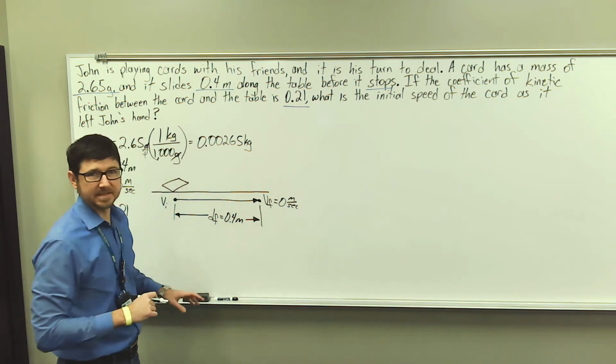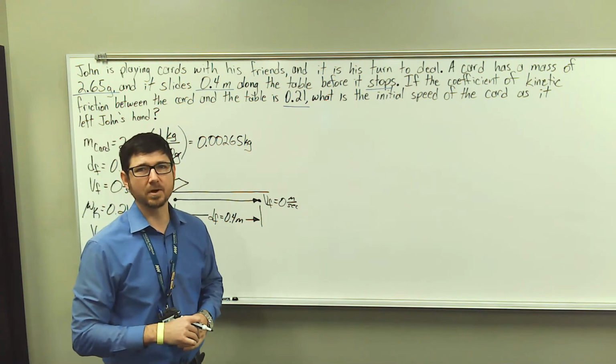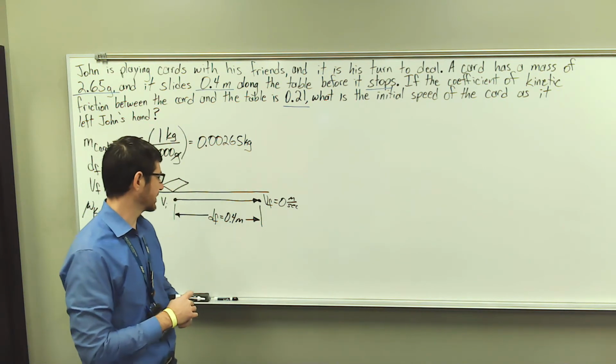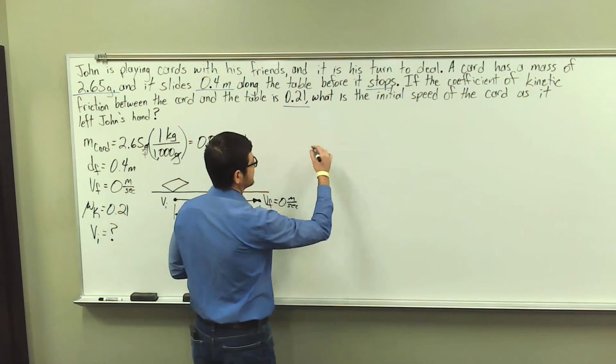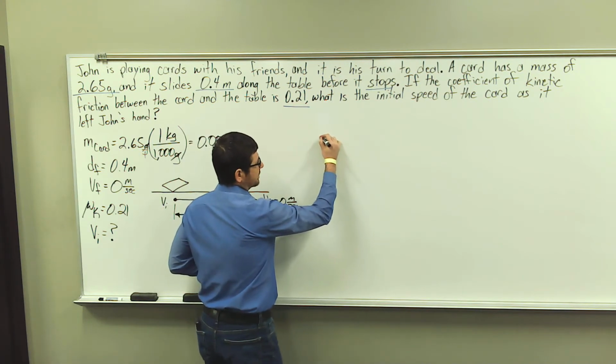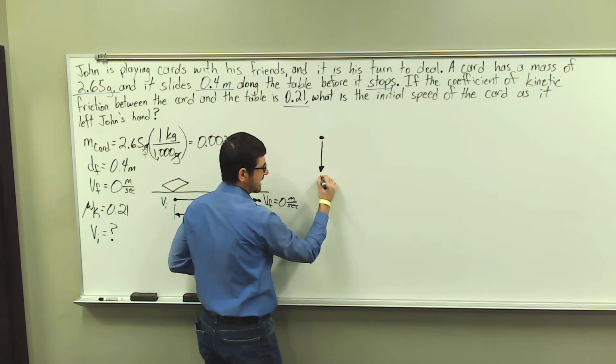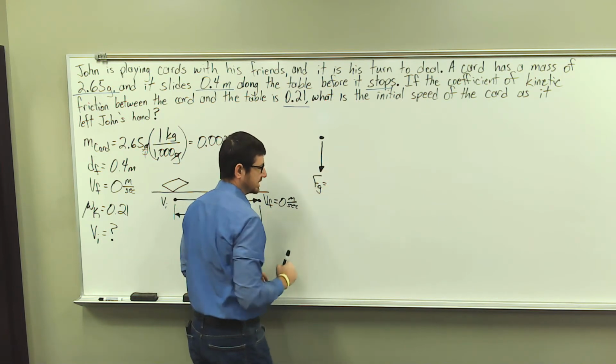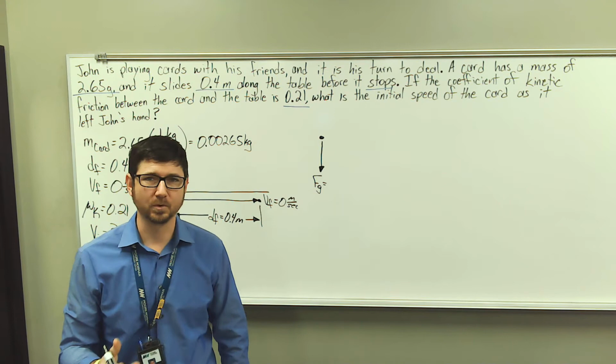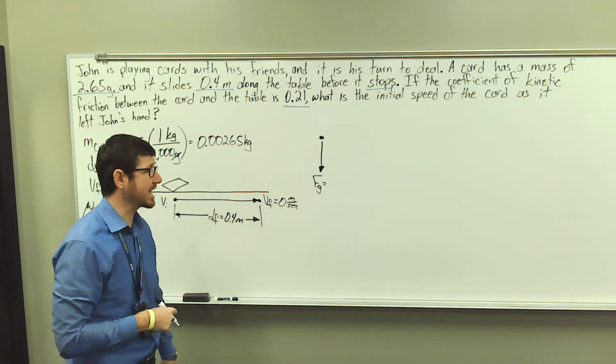Okay, the next thing that I need to do is draw a free body diagram. Okay, so on a free body diagram, we're first going to show the weight force due to gravity, identified by F sub g. Now we are not given the weight force due to gravity, so we need to calculate it.